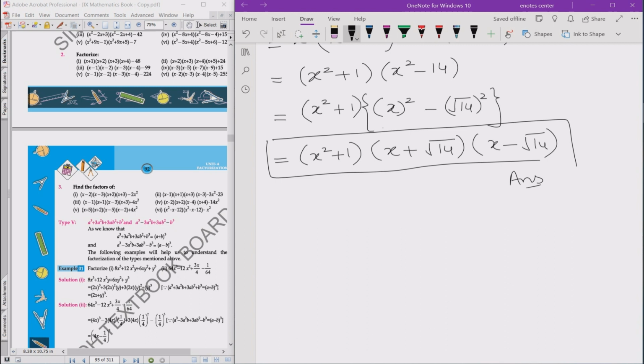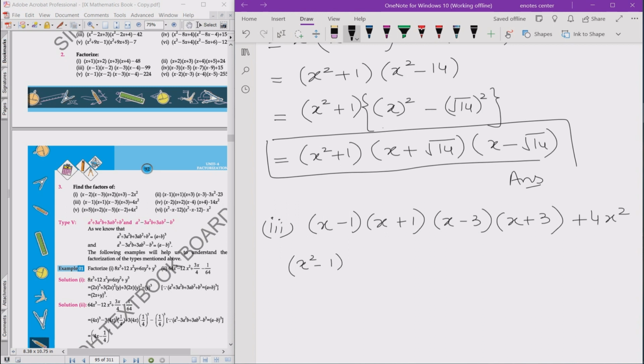Another question is part 3. Part 3 is (x minus 1)(x plus 1)(x minus 3)(x plus 3) plus 4x square, right? Now we will arrange using this formula.